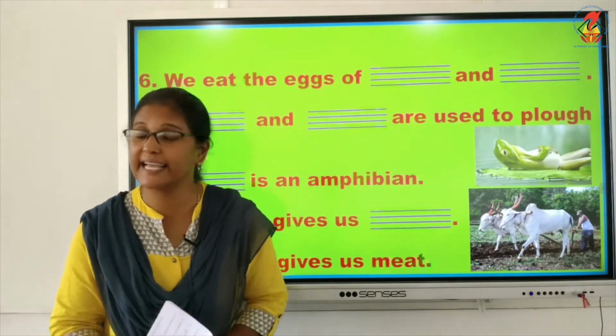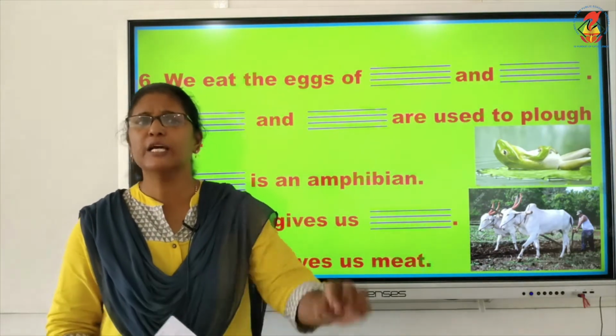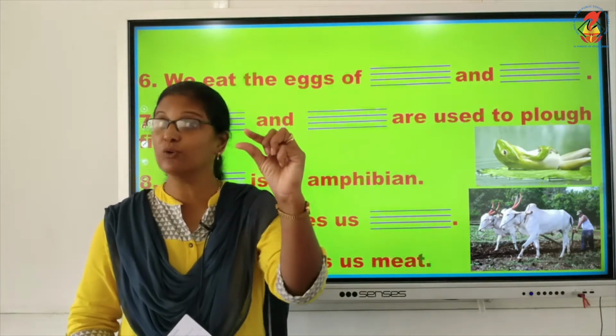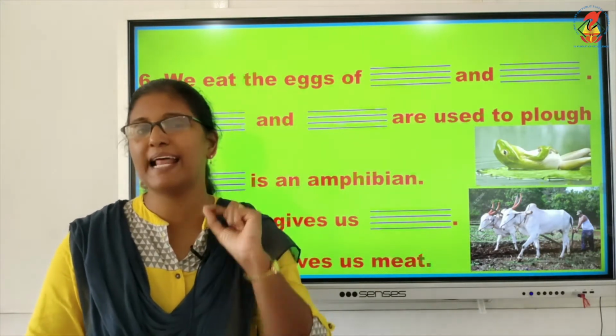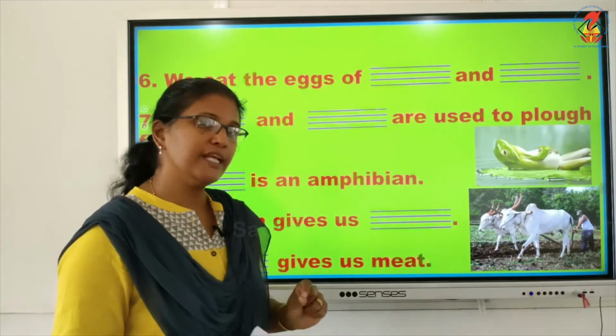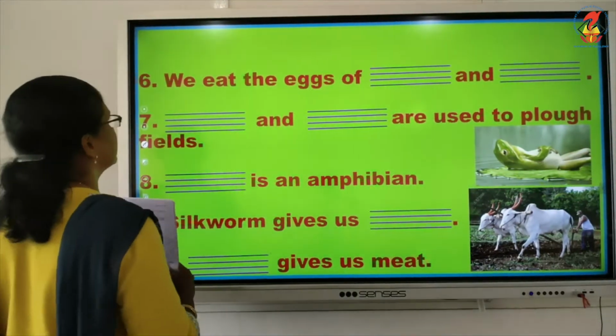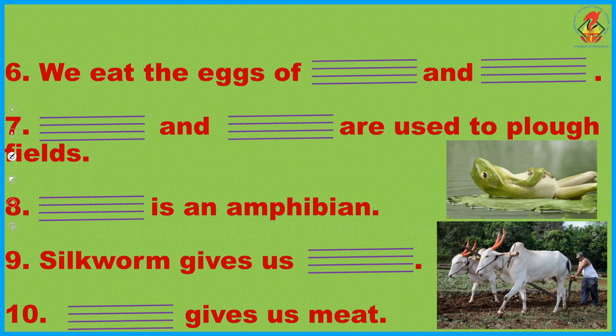Sometimes we eat the eggs of quail. Quail egg, it's very tiny. You all have seen it, I think. It's very tiny with black spots on it. So now, let's write the answers for this. We eat the eggs of hen, H-E-N, hen, and duck.